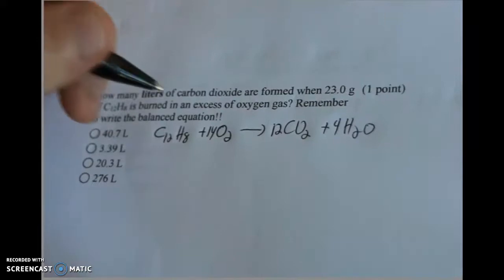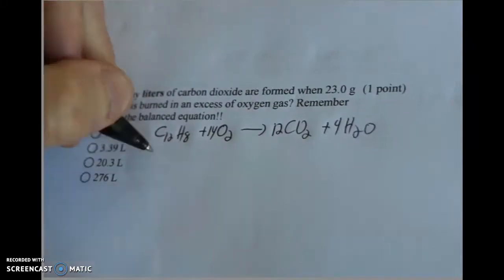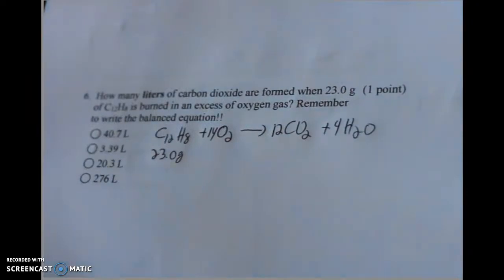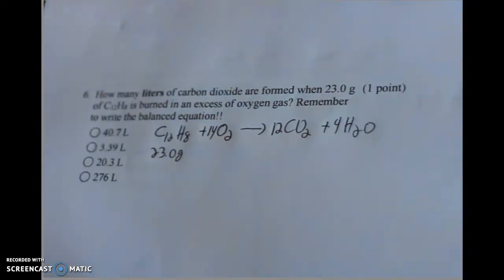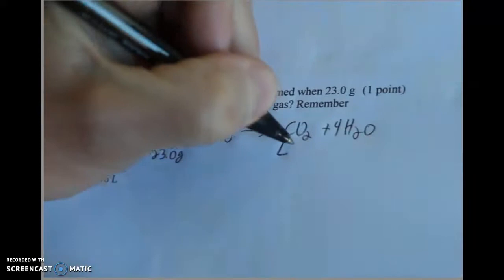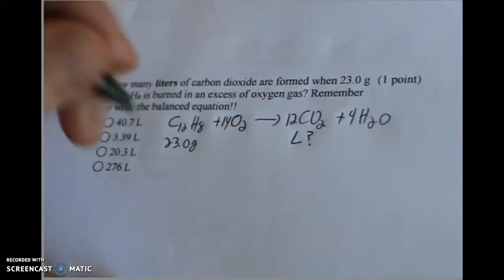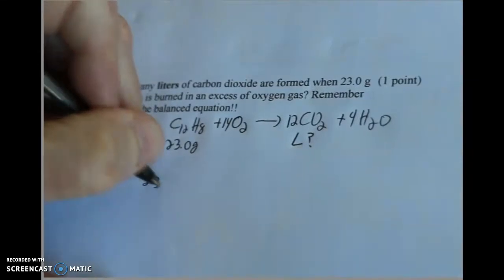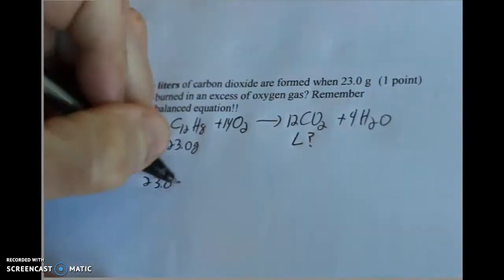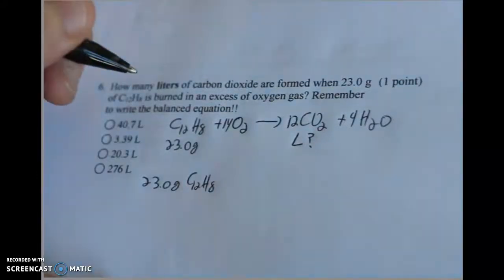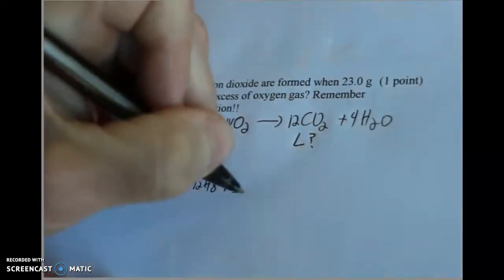Now this is telling us that we are burning 23.0 grams of C12H8, and it wants to know how many liters of carbon dioxide we are going to get. So start off with what you're given in the problem, 23.0 grams of C12H8, and we can convert that to moles.